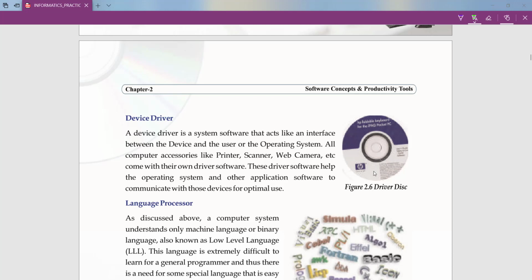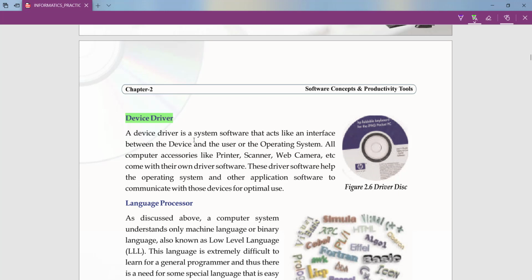Yes, students. Our next system software is device driver. So, the device driver drives the devices in the computer, and this is used to communicate with the application software.